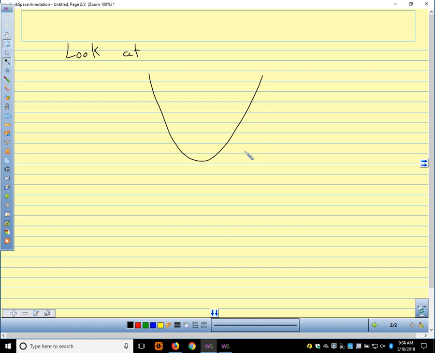What we want to do is look at the slope of what we call a secant line. So I'm going to make a line between two different points on this curve that cuts through the curve. So we intersect the curve in 2 points.